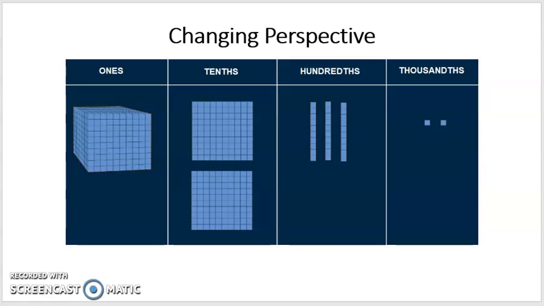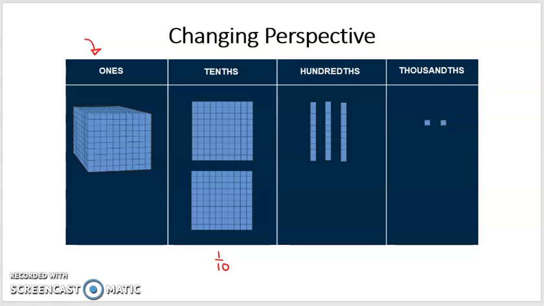You have to consider the thousands block is no longer 1,000, but represents a whole, or 1. Remember that there are 10 flats in a cube, so each of these flats represents 1/10 of the whole, or a tenth.